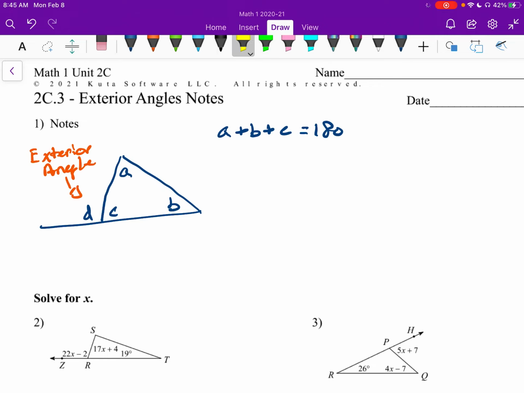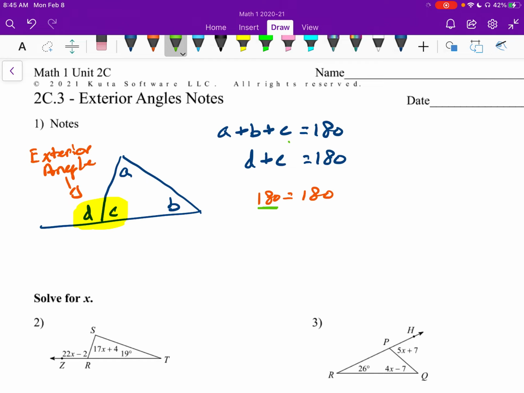We could also say that D plus C is 180 because they form a straight angle or a linear pair. So D plus C is 180. So what I'm going to do next is say, well, 180 is equal to 180.